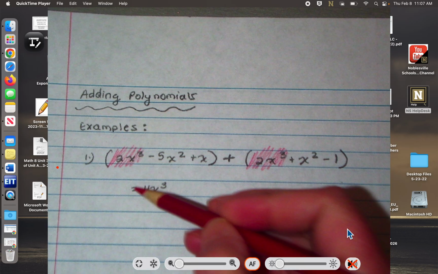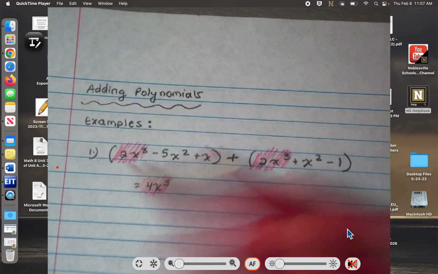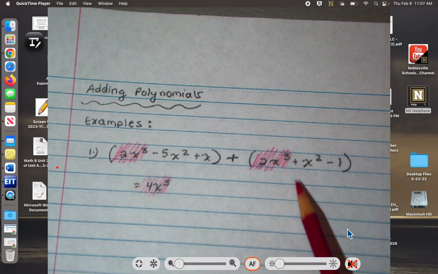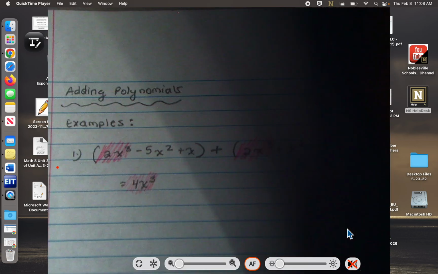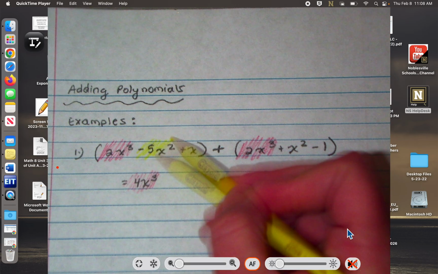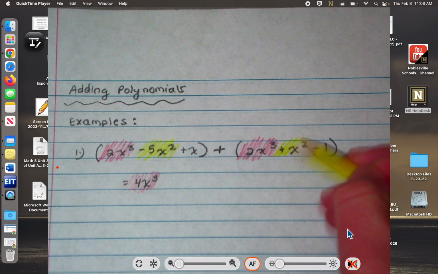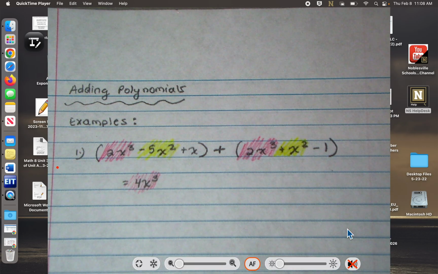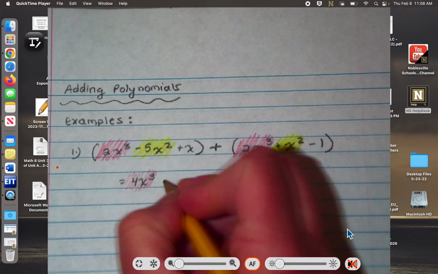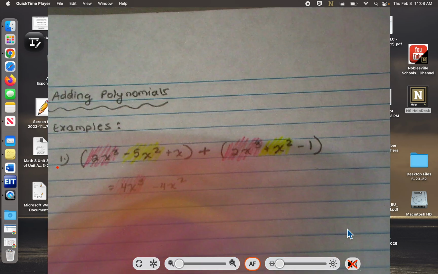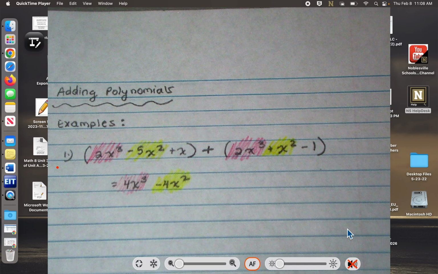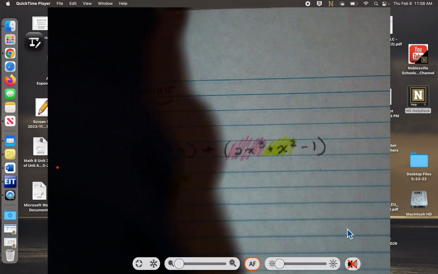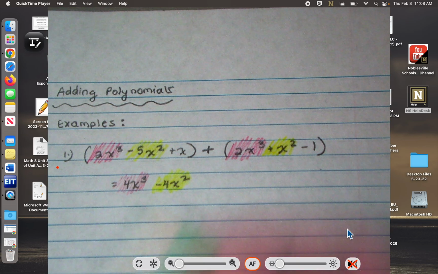I'm going to go ahead and color code that as well. So you're like, where did that come from? Oh, this 2x plus this 2x. 2x to the third plus 2x to the third. I have a negative 5x squared and then a positive x squared. So how many x's squared do I have? I have negative 4x squared. And then I have an x.